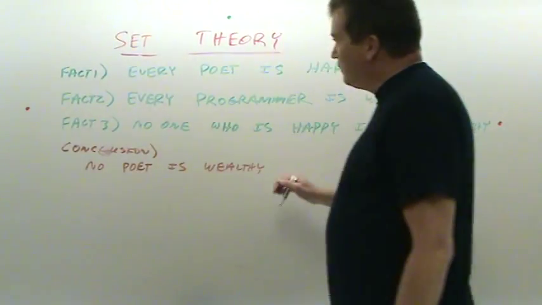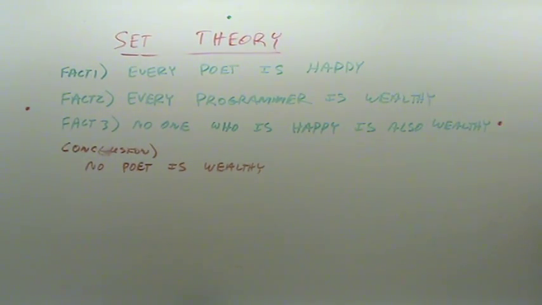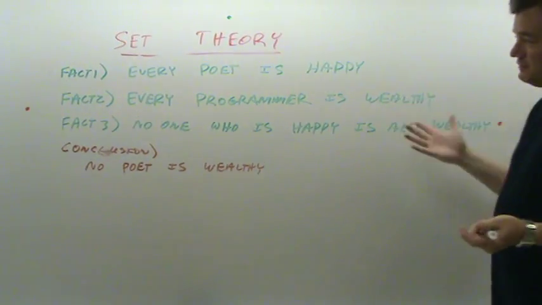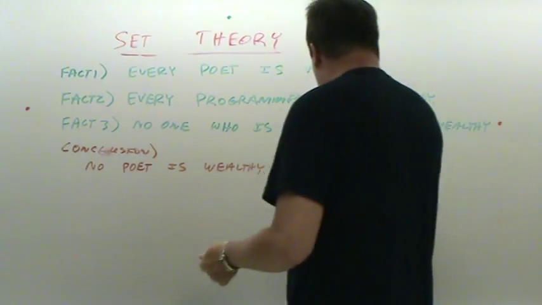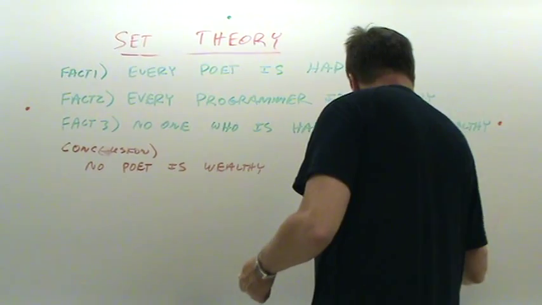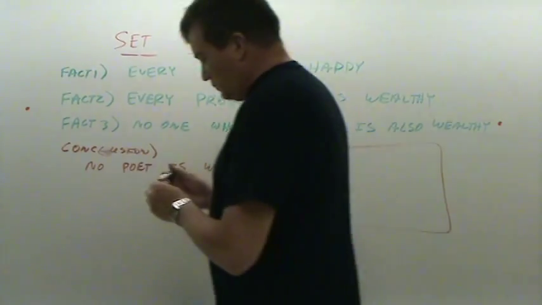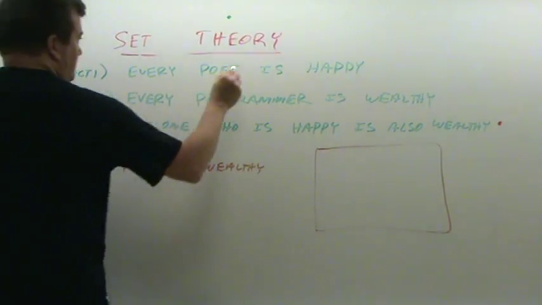So let's draw. Again, these are statements about the general population. So we have a universal set of all people, that represents all the people. Poets are happy, so how do we represent that in sets?